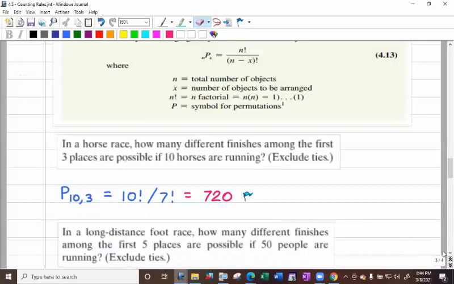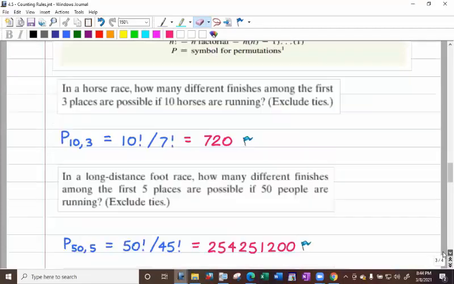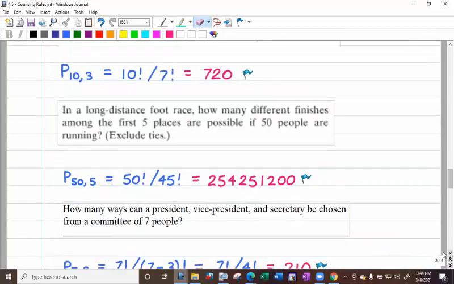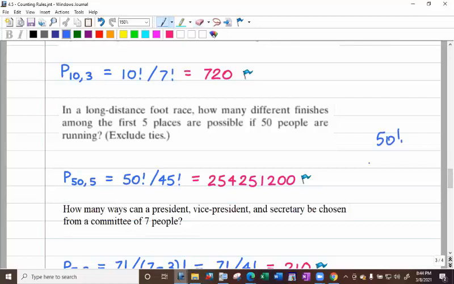Okay, here's another race one. Long distance foot race. How many different finishes among the first 5 places are possible if 50 people are running? So just using factorials, I'll write over here, it's 50 factorial over 50 minus 5.